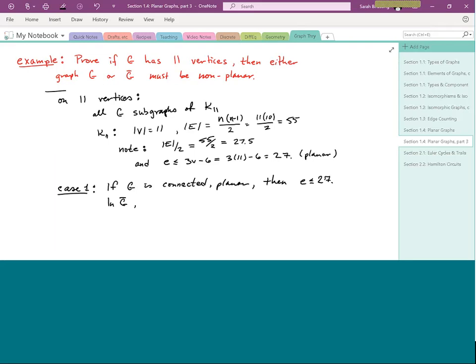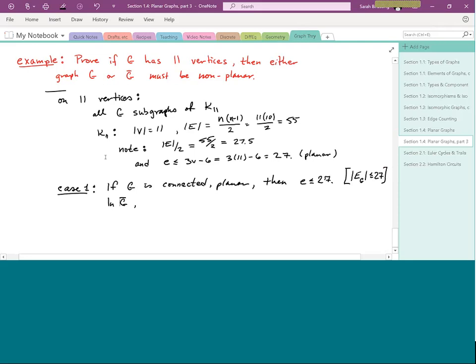Yes. I got multiple notations because I realize it's not a great way of saying that or typing that out. So in terms of the complement, if you take the number of edges in the original graph, let's do a different notation. So the number of edges in the original graph has to be less than or equal to 27. Okay. Well, total number of edges in the complete graph, that was trying to be an 11.